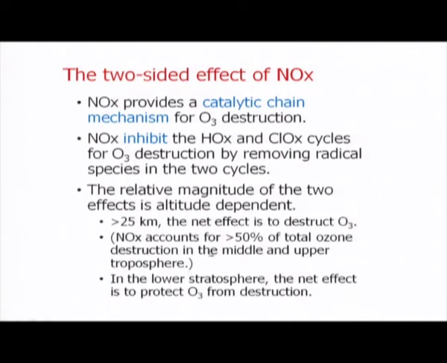This is the main thing, whereas in the lower stratosphere the net effect is to protect ozone from destruction. So, the oxides of nitrogen have 2 effects. One is the catalytic chain mechanism, as we discussed before; the other is inhibiting the cycle formation through the hydroxyl and chlorine oxide radicals.